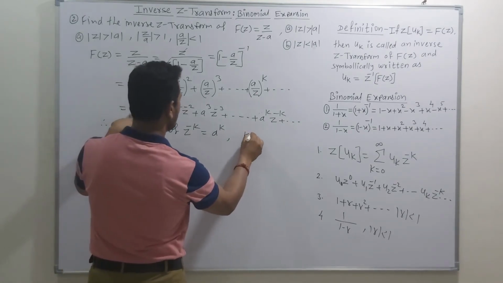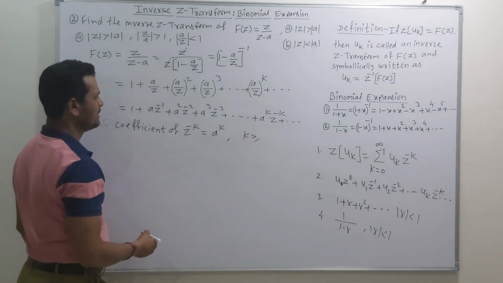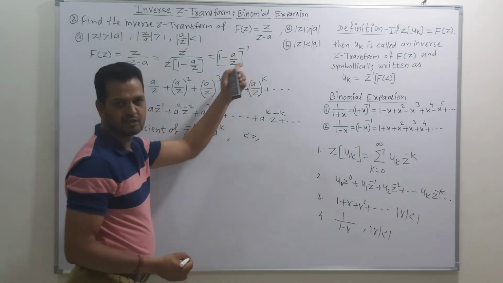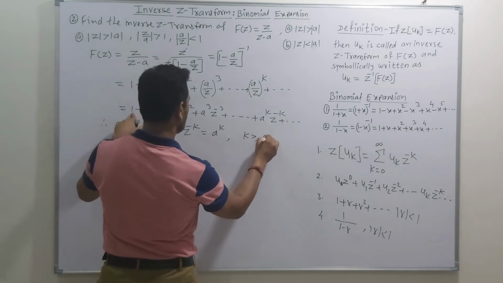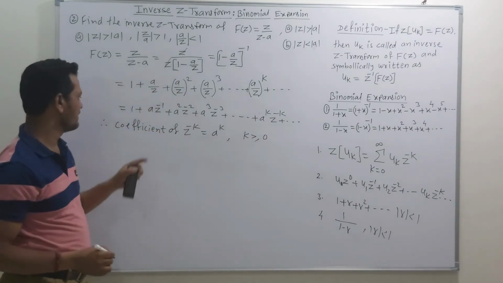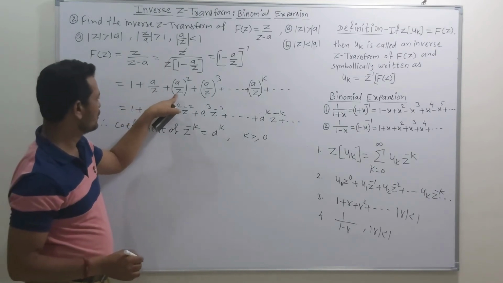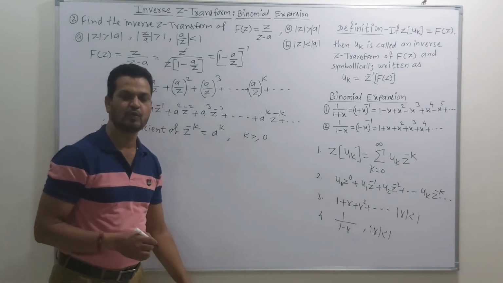If we put k equal to 0, we get a upon z raised to 0, that means 1. So k equal to 0 gives this term, k equal to 1 gives this term, then k equal to 2, k equal to 3 and so on. That means the condition on k is that k is greater than or equal to 0.